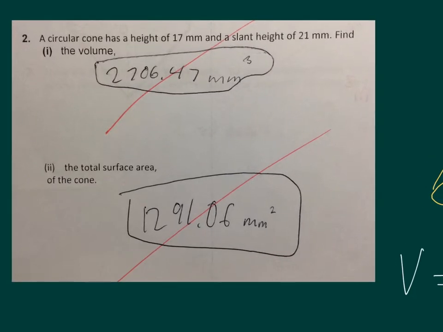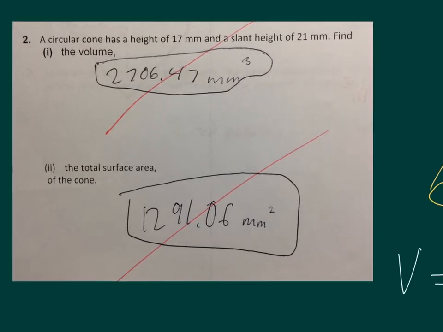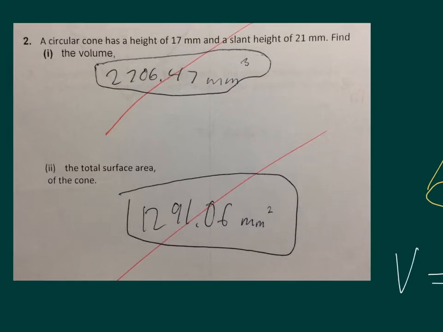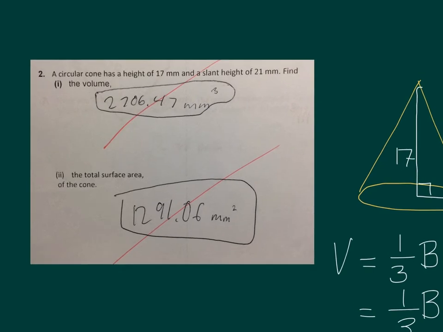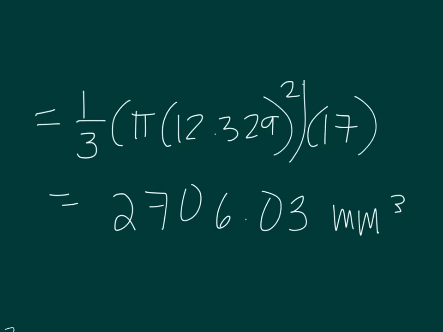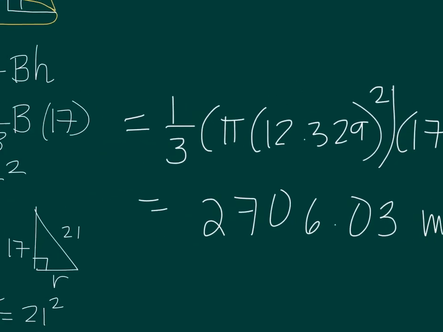I think the reason would be the person didn't use pi in the calculator, but rather used 3.14. But your answer should be close to 2706.03.